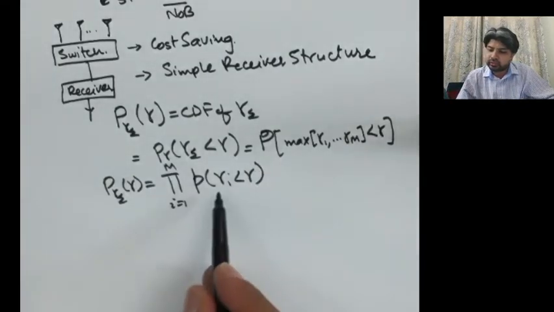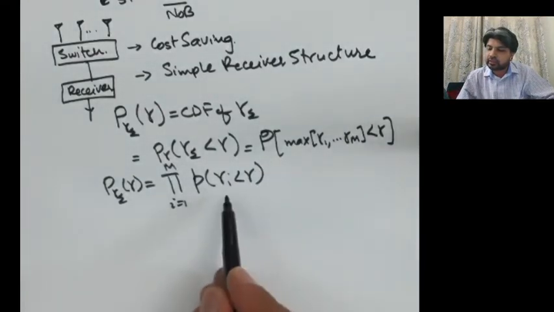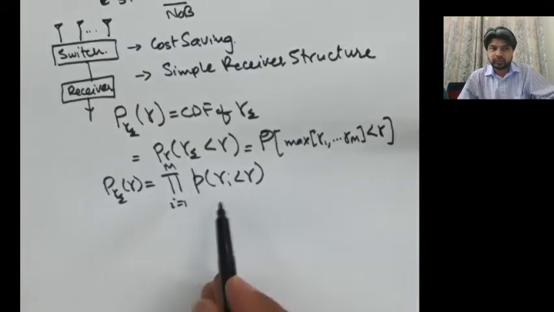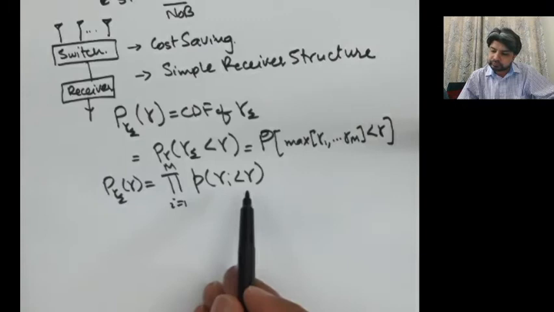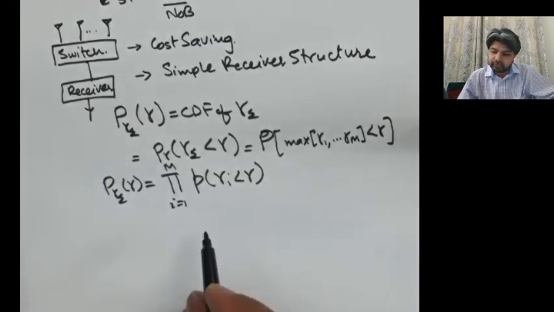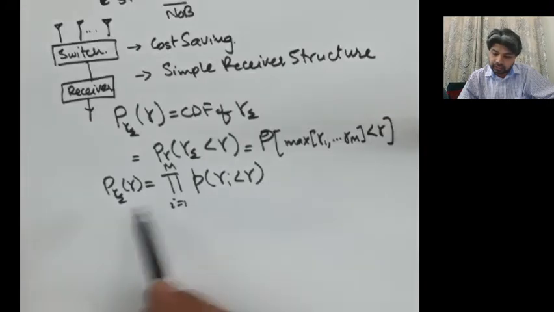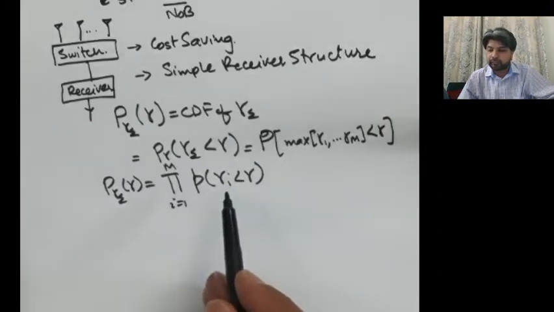In other words, this probability is the CDF of the individual branches. That is what it is for selection combining.